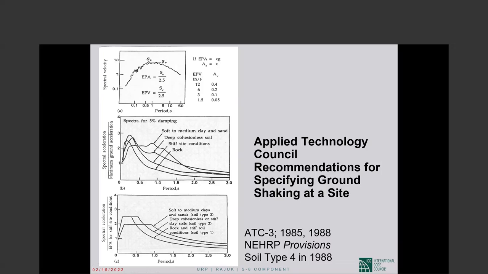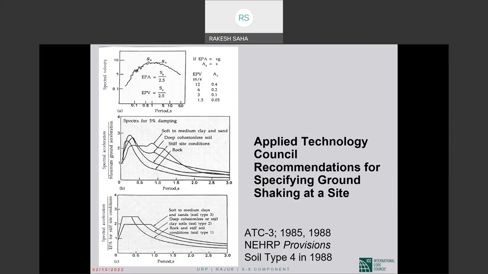So there was 85, 88, 91, 94, 97, etc. until 2009, then 2015, and then 2020. So the 3-year cycle was discontinued after the 2009 edition. Actually, I don't remember if there was a 2006. Anyway, in recent times it has been 6-year editions. And those documents are the source of seismic design provisions of ASCE 7 and the IBC.